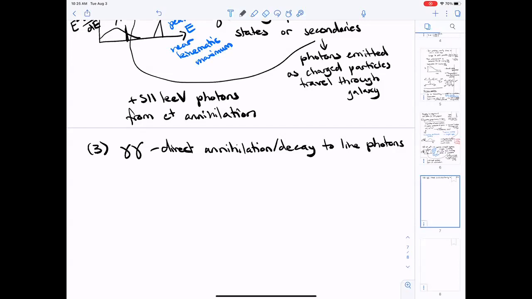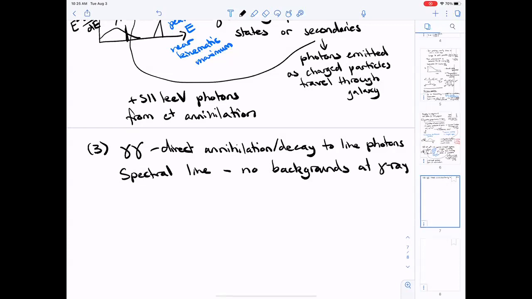The nice thing about this is the spectral line: at sufficiently high energy, there are no backgrounds to this. Now, if your dark matter is much lighter and the energy is like an X-ray photon instead of a gamma ray photon, then there are some backgrounds just from atomic and nuclear transitions. But at high enough energies, there are basically no backgrounds.